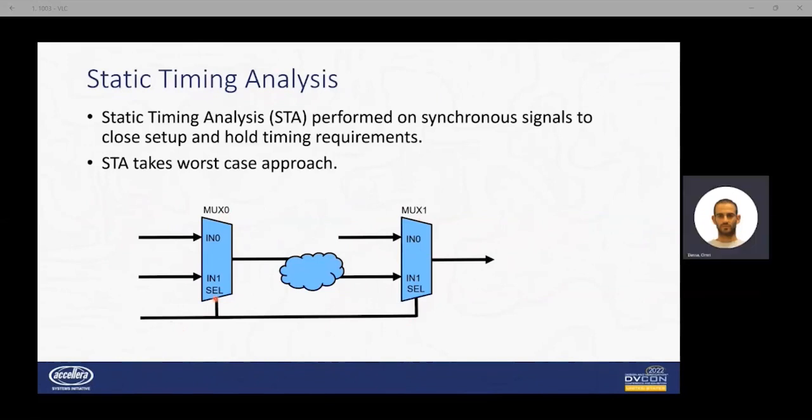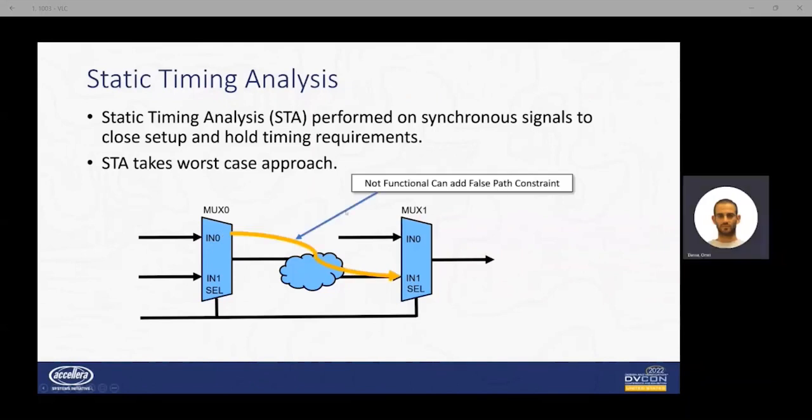Since they're both connected to the same select, we'll always get paths from in number 1 to in number 1, and paths from in number 0 to in number 0. The path from in number 0 to in number 1 is not a functional path, and it can never happen. Yet, the STA mechanism might try to close timing requirements over this path, even though it's not a functional path.